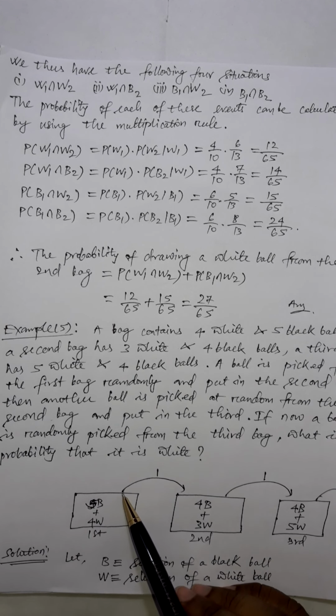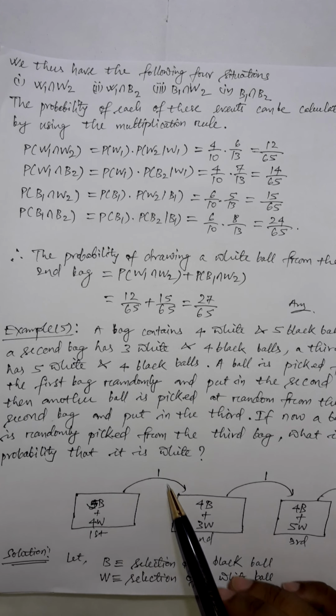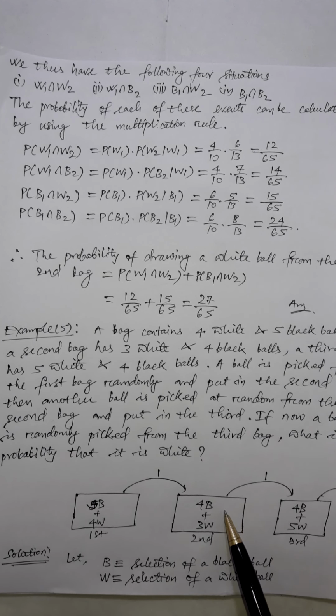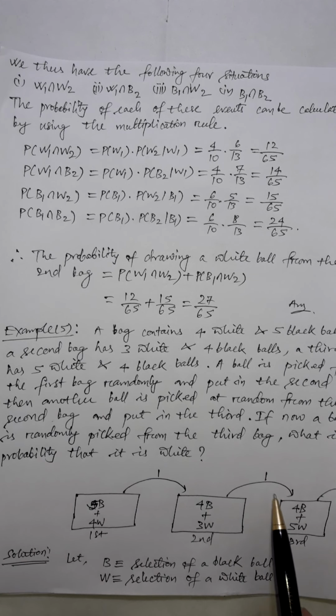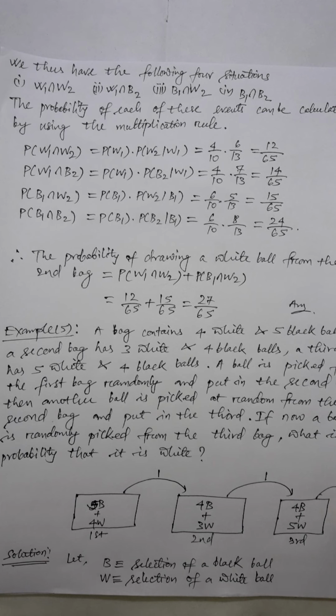Now in the first draw, any ball of any color out of the black and white is chosen randomly without knowing the color, and it is put in the second bag. Then another ball is chosen from the second bag without knowing the color randomly and put in the third bag. Now we have to find out selection of a white ball from the third bag. This is the whole question.